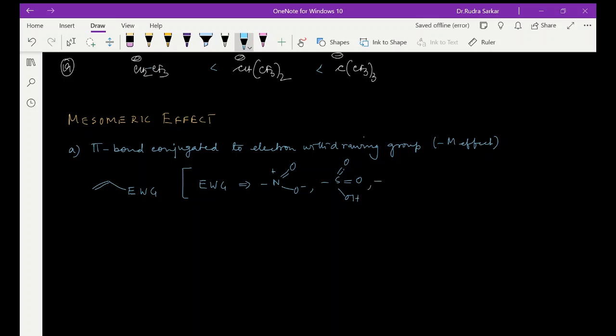You can have the carboxylic group, the ester group, the keto group. You can also have the aldehyde group or the cyano.